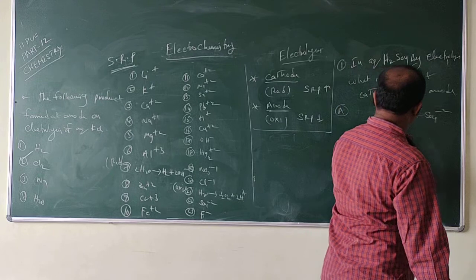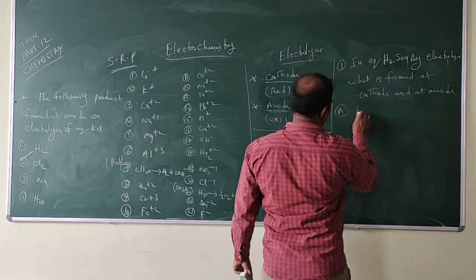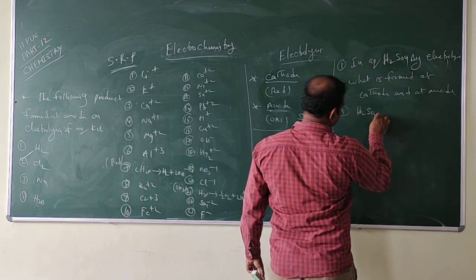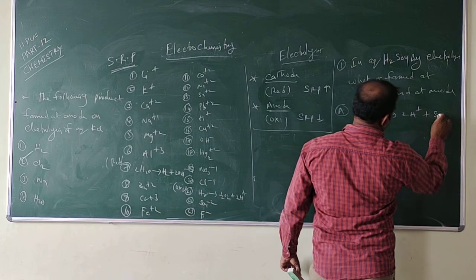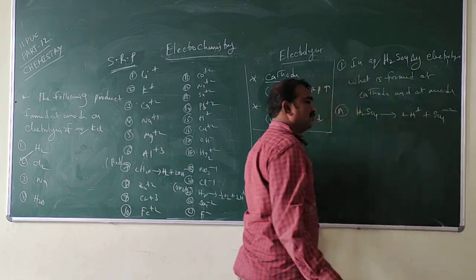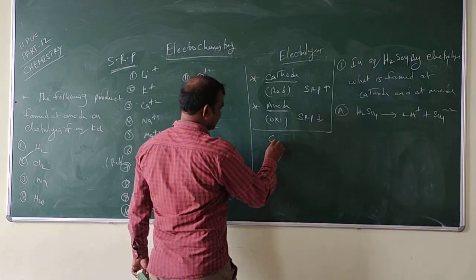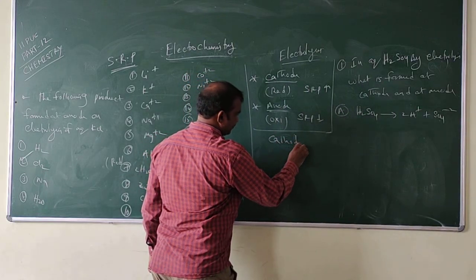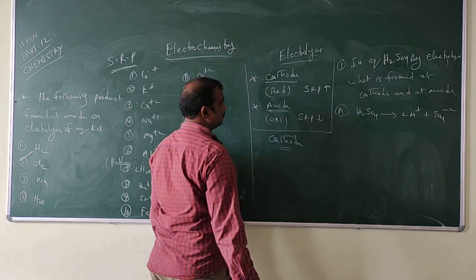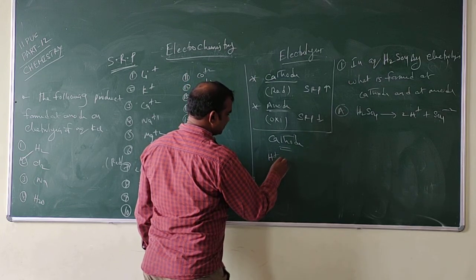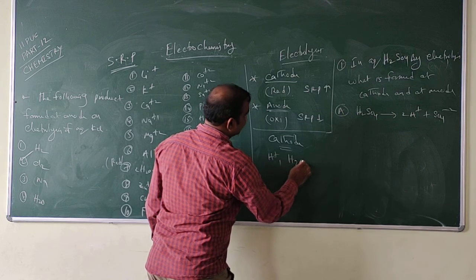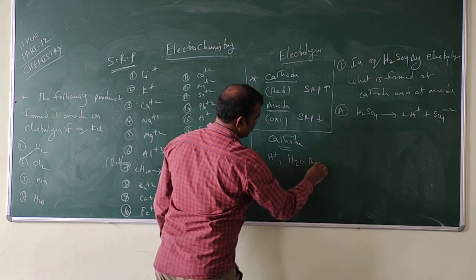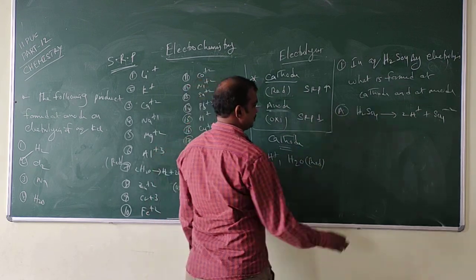Generally H2SO4 splits as 2H plus and SO4 minus 2. So first, at cathode, H plus and H2O reduction.